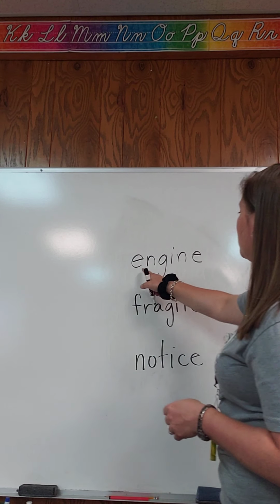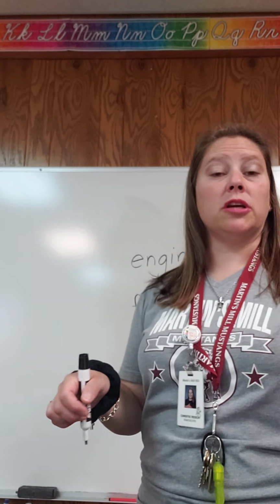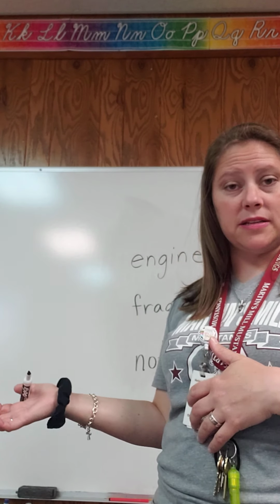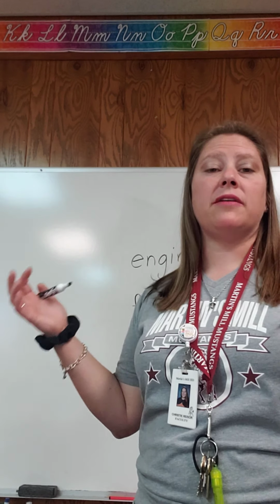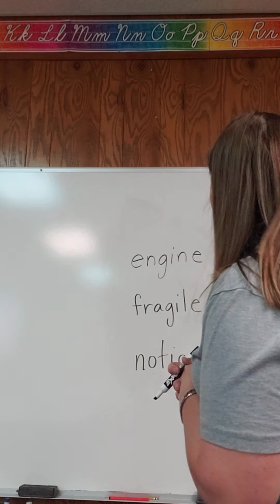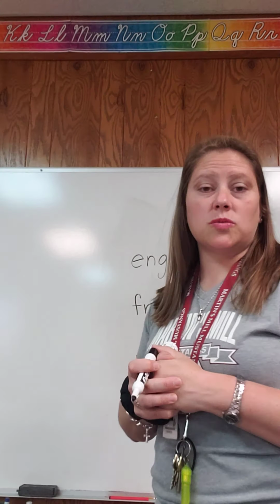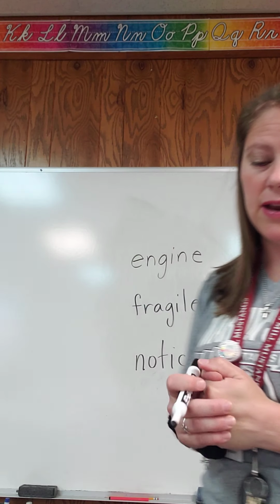So right off the bat on the first one, you're looking for final stable syllables, prefixes, suffixes. You don't see any of that. You're going to look for combinations, digraphs, trigraphs, quadrigraphs, those other things that we've covered. Okay, don't see any of those in the first one.